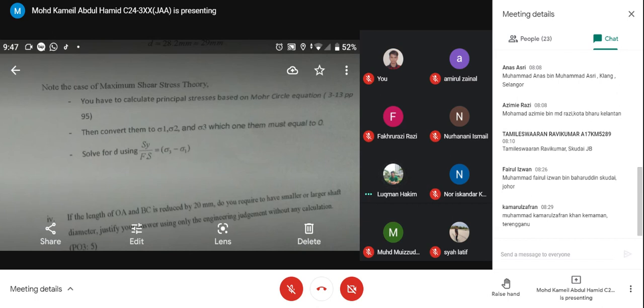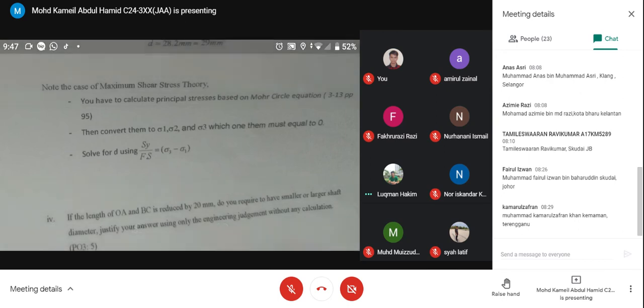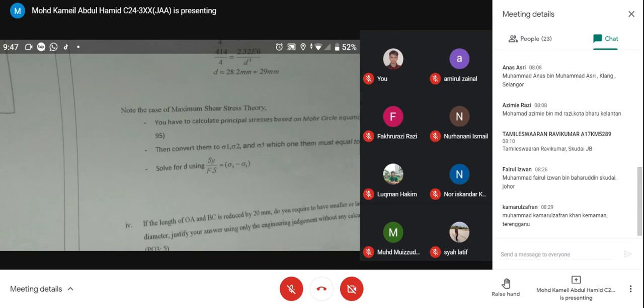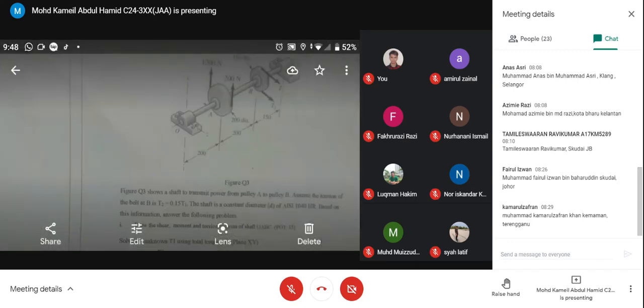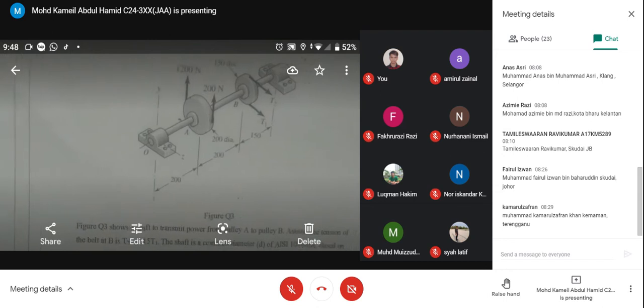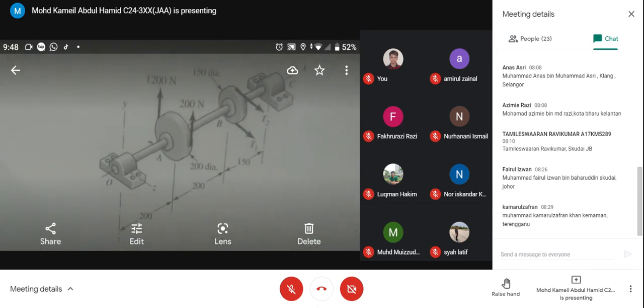If the length of OA and BC is reduced by 20 mm. This is the picture of the shaft. So OA is reduced and BC is reduced, meaning the shaft is shorter. It will affect the moment, right?